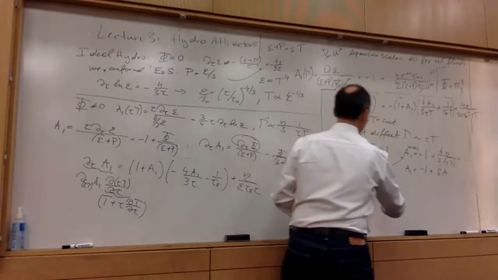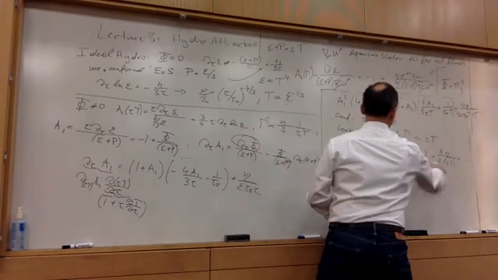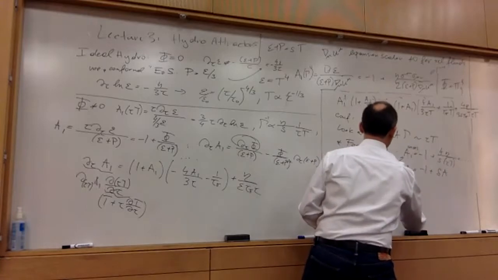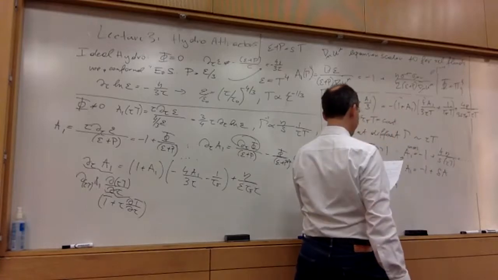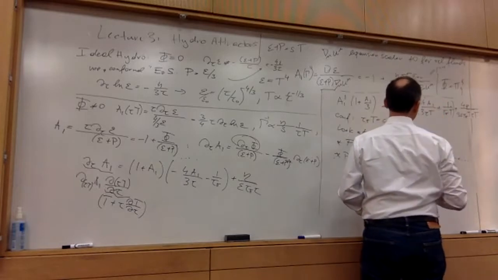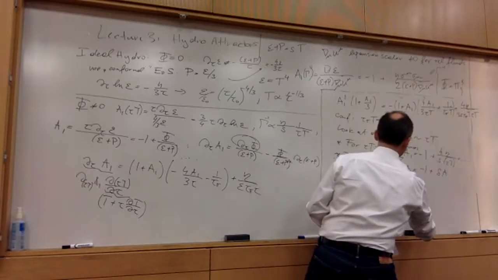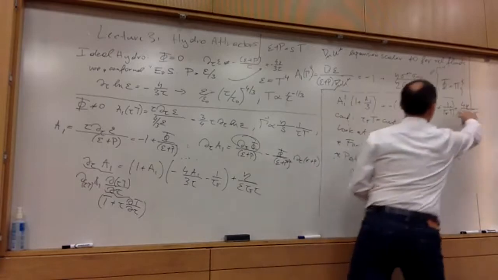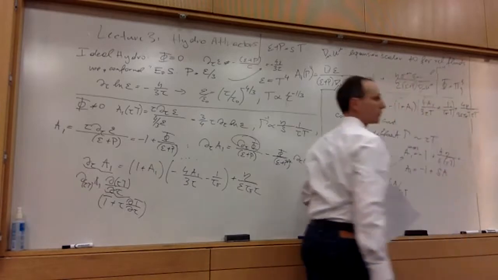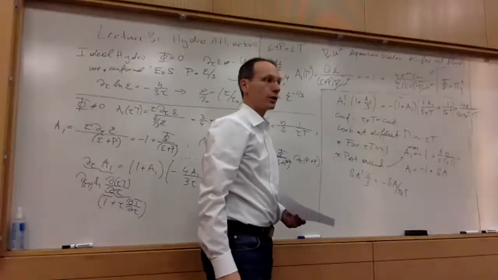On the right-hand side, we have the first term, which is just minus delta A. This term is small because it's vanishing as 1 over tau, so you're only picking up this term. And this term is again small because it vanishes as 1 over tau. Now this is a differential equation that you can solve.